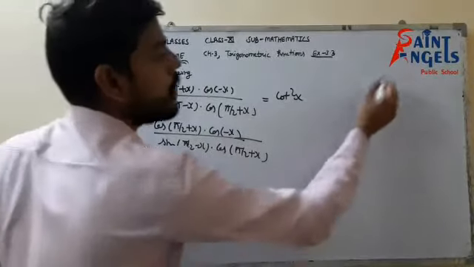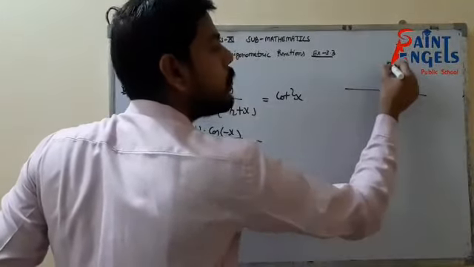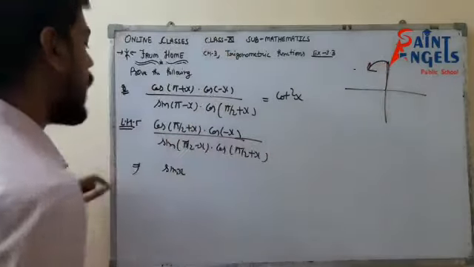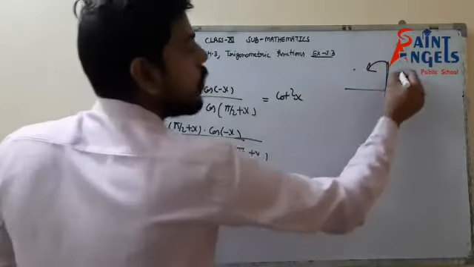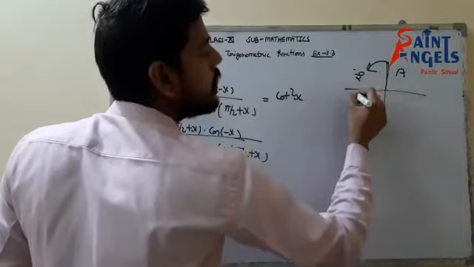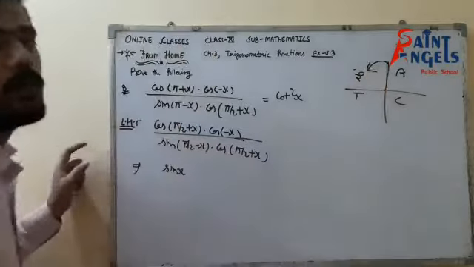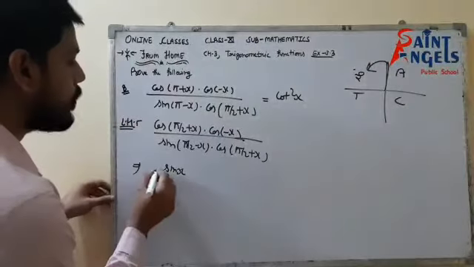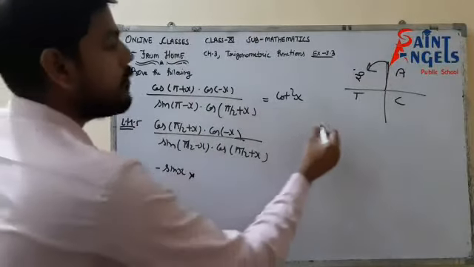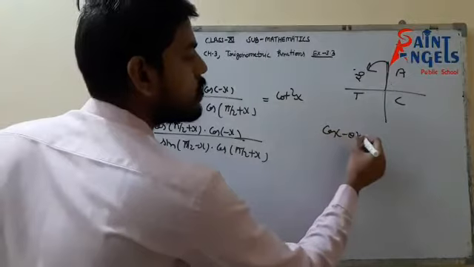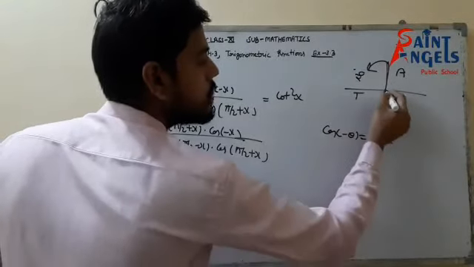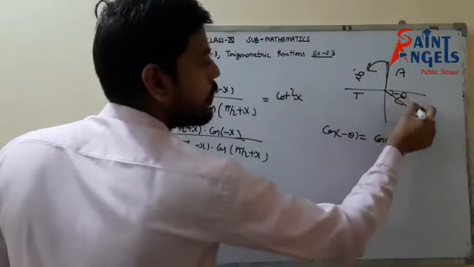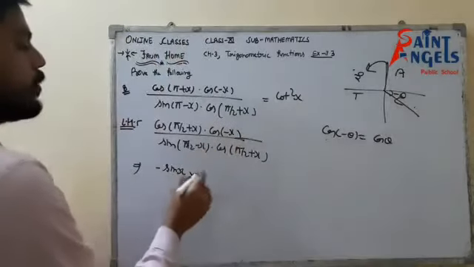And beta, pi/2 plus means second quadrant, and in the second quadrant cos is negative. Add Sugar T Complete: in the second quadrant, only sine and cosec are positive. So cos would be negative. So that would be minus sin x into. Beta, and we know that cos(-theta) equals cos theta, because minus theta lies in the fourth quadrant, and in the fourth quadrant cos is positive. So that would be cos x.